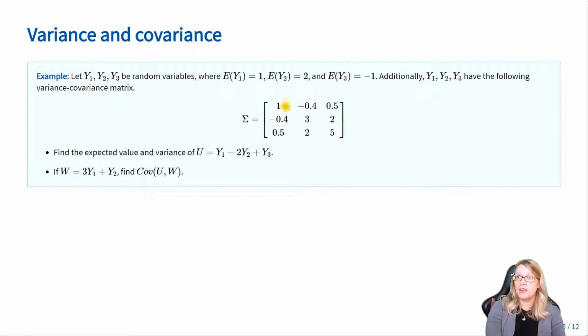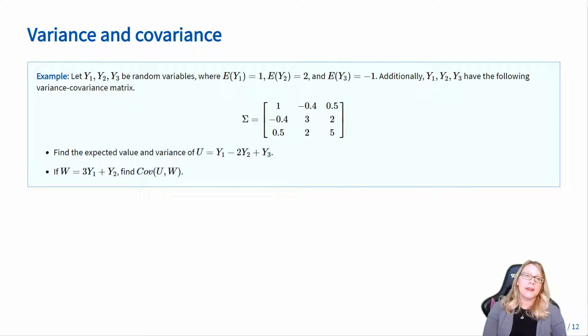So the variance of y1 is 1, the variance of y2 is 3, and the variance of y3 is 5. The off-diagonal elements represent the covariances. The covariance between y1 and y2 is -0.4, the covariance between y1 and y3 is 0.5, and the covariance between y2 and y3 is 2.